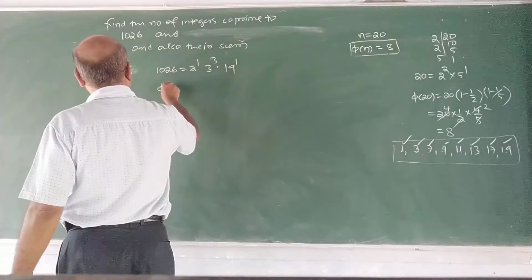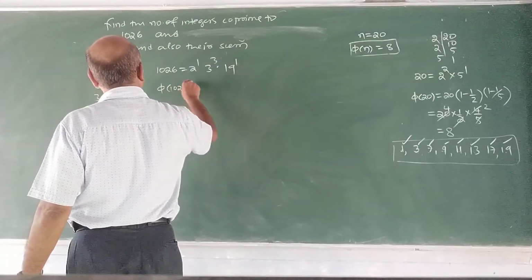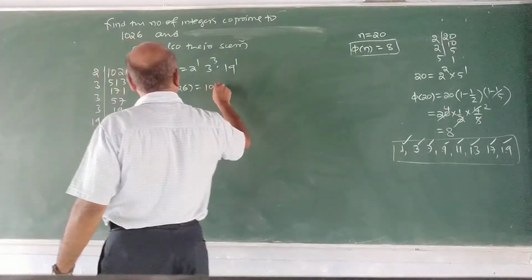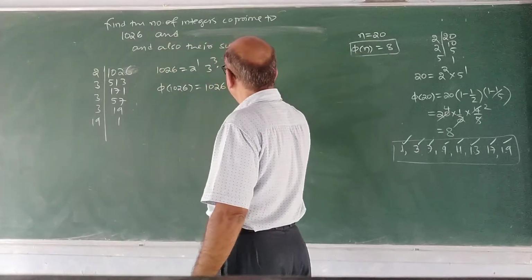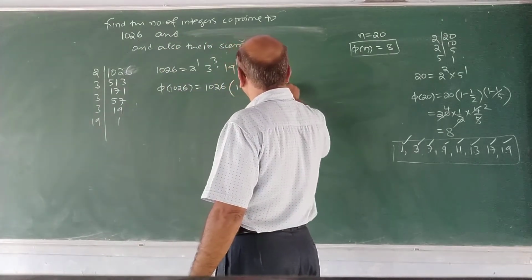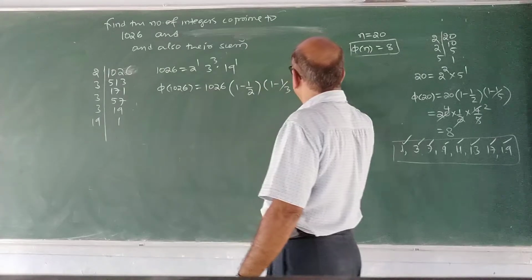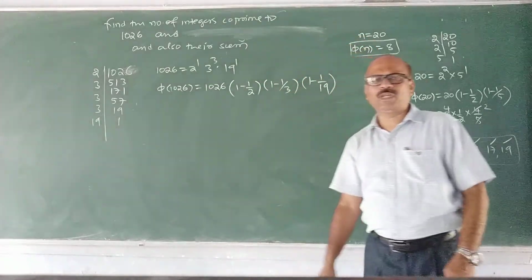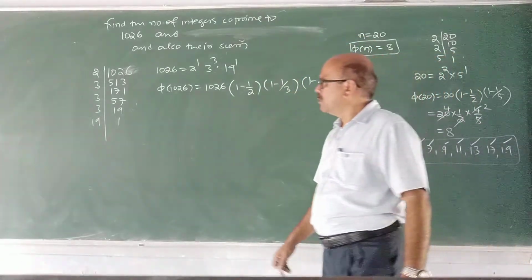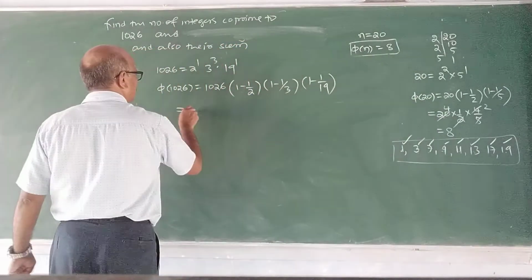Therefore, pi of 1026 is the application of formula: 1026 into 1 minus 1 by 2, 1 minus 1 by 3, 1 minus 1 by 19. We refer that formula. Pi of 1026 is given by this.